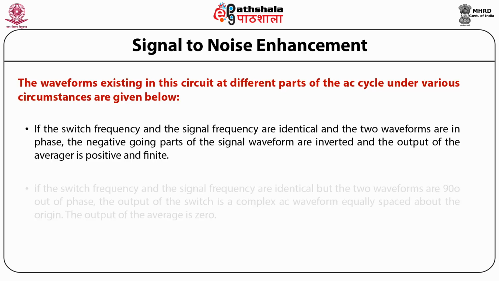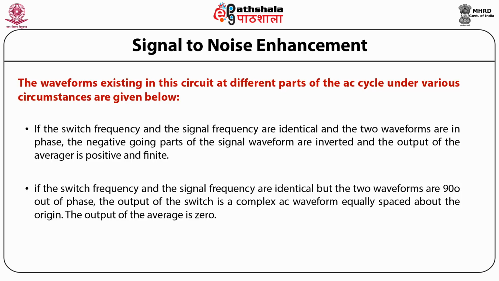Second, if the switch frequency and the signal frequency are identical, but the two waveforms are 90° out of phase, the output of the switch is a complex AC waveform equally spaced about the origin. The output of the averager is 0.